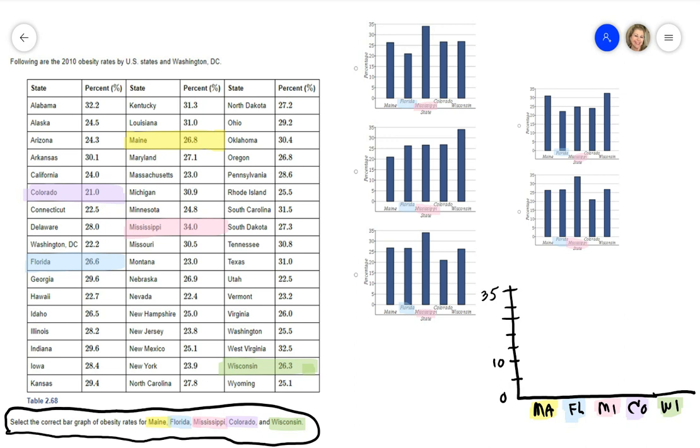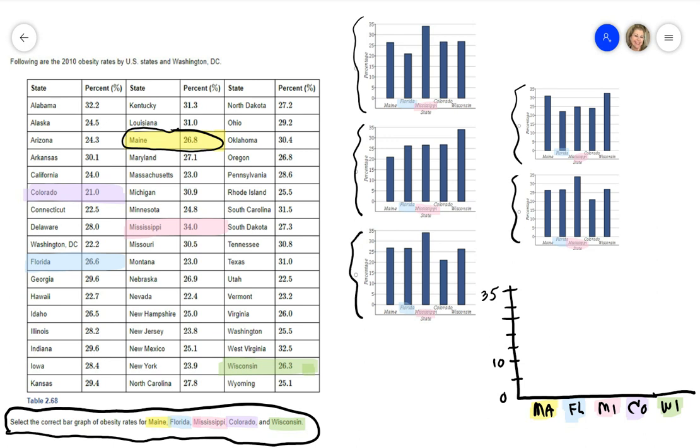If I start with yellow first, which is Maine right here, that's 26.8. All of the graphs, if you look on the left side, the frequency side, they all go from 0 to 35. So they're all the same as how they're labeled.